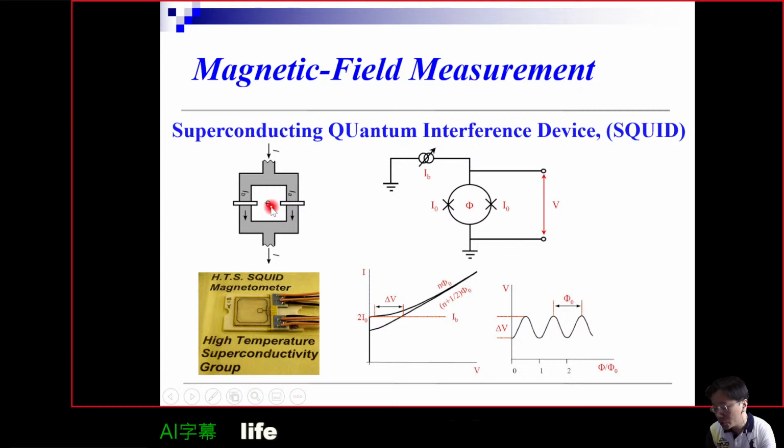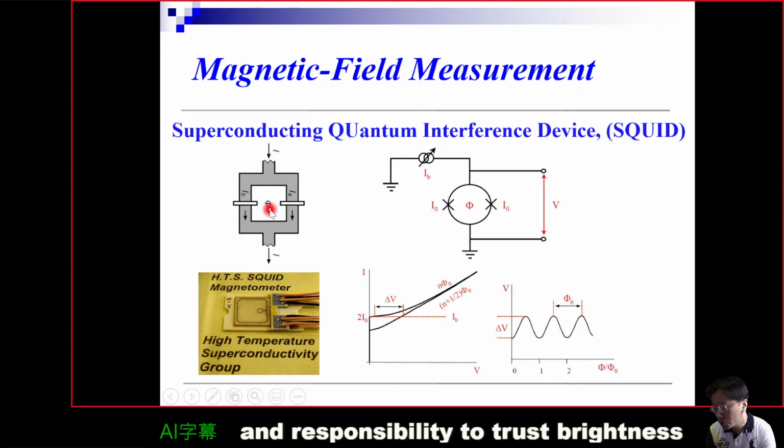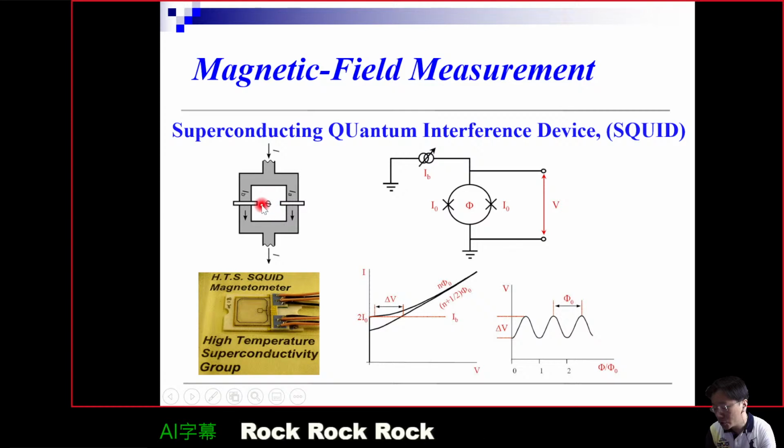But when I have magnetic flux passing through this center, you can use the right hand rule, and by Lenz's law, the current works against the increase of the magnetic flux.